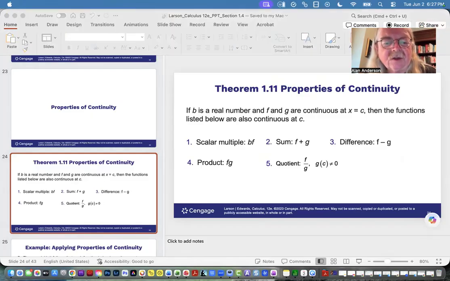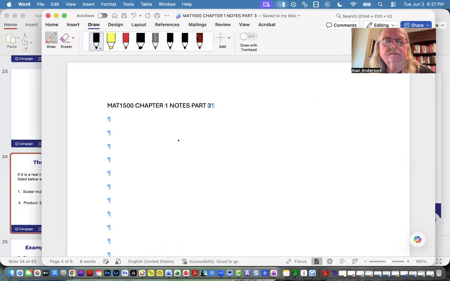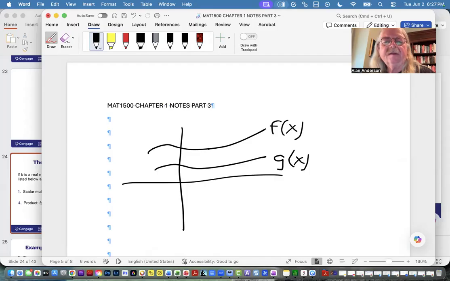And by the way, let me just draw a little picture here so we can visualize this. They could have any relationship to each other. It doesn't really matter. I don't know. Let's say something like this. Here's f of x, and here's g of x. And they're both continuous at x equals c.